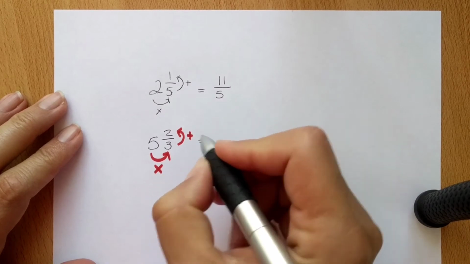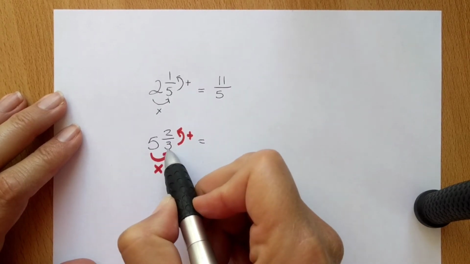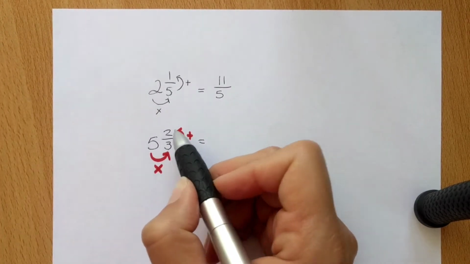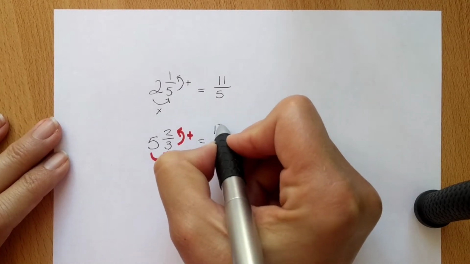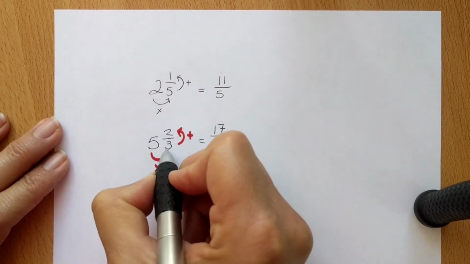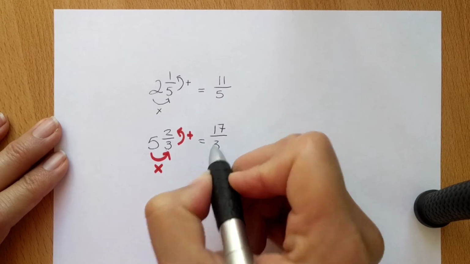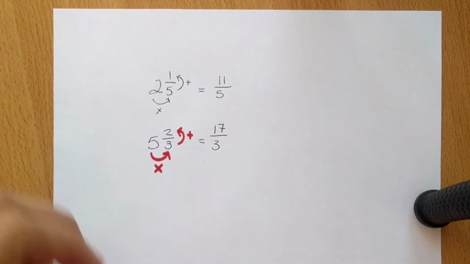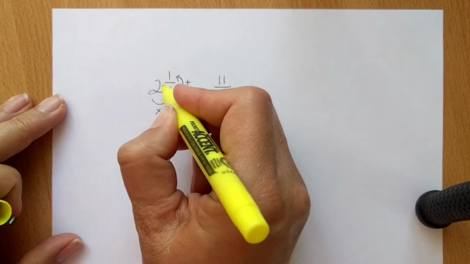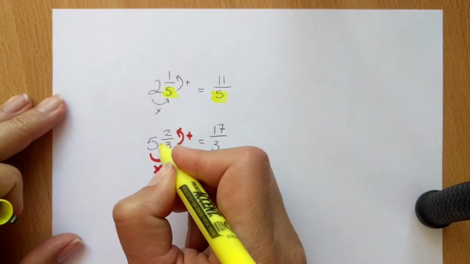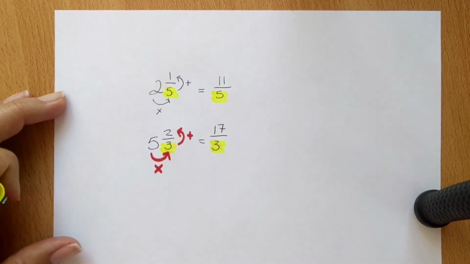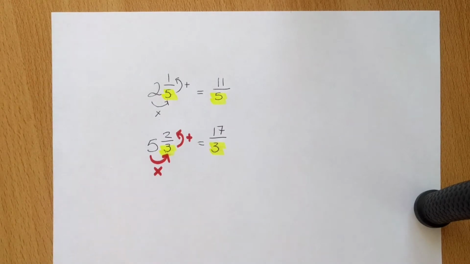So the whole number times the denominator is 15, plus 2 more is 17. Then I keep that same denominator. That doesn't change. The denominator stays the same. Okay, so we have to remember that when we're converting.